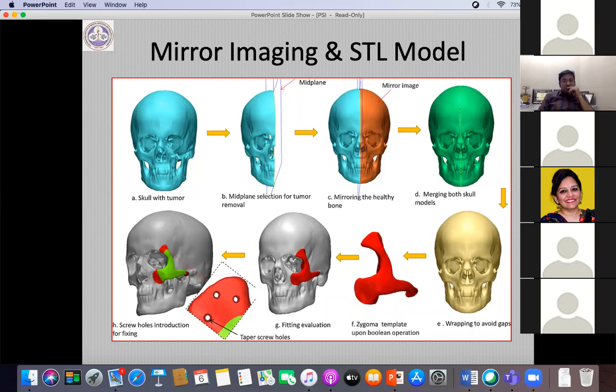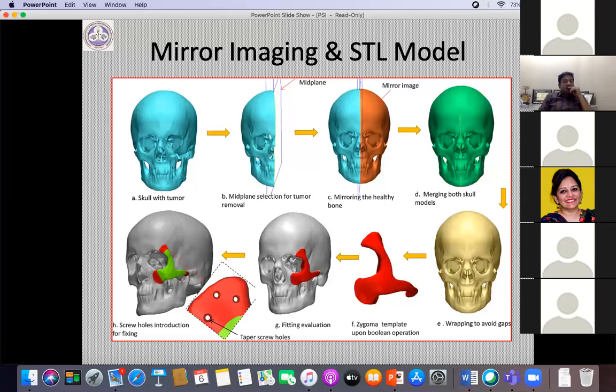Now on this normal left side, which is virtual and digitally created, in collaboration with the surgeon, we sit down together and then we plan the extent of the PSI, whatever pathology would be removed, the extent of the PSI, where would the holes be, where would the screws go. So we need a buttress for those areas. We have to identify the buttress areas and then extend the PSI up to that area.